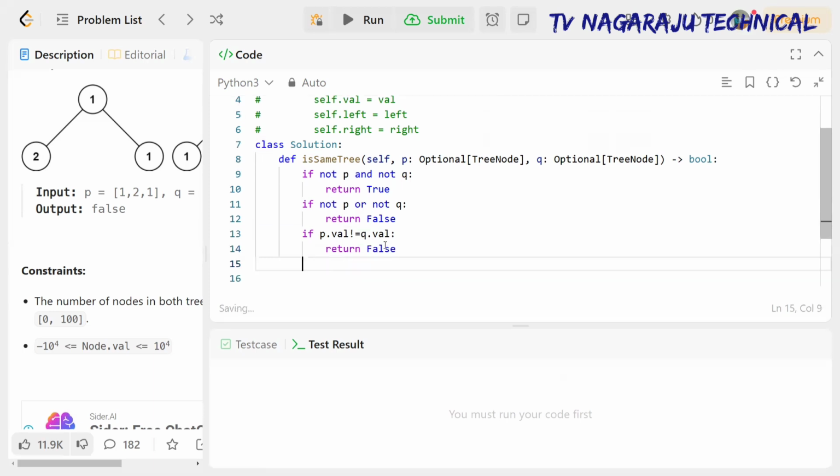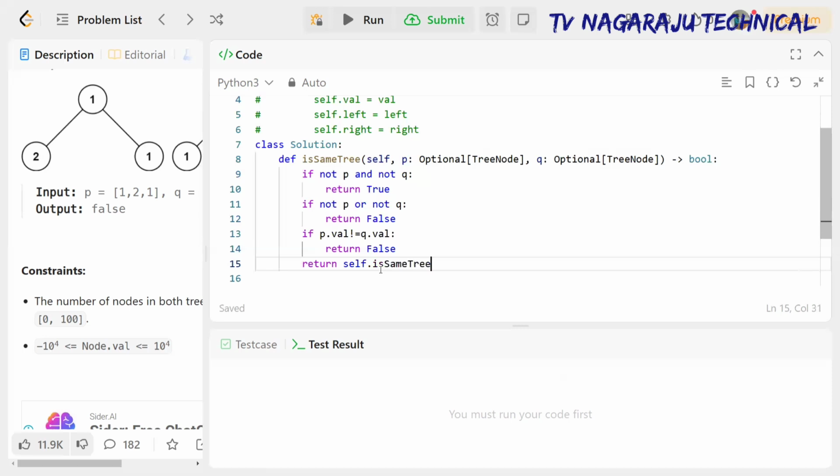Suppose all the if conditions fail. Here, not p and not q means null. This condition fails, this condition fails, and this condition fails, which means at least one element is available. If no element is available, not p returns true and not q returns true. So if at least one element is available, what am I doing?